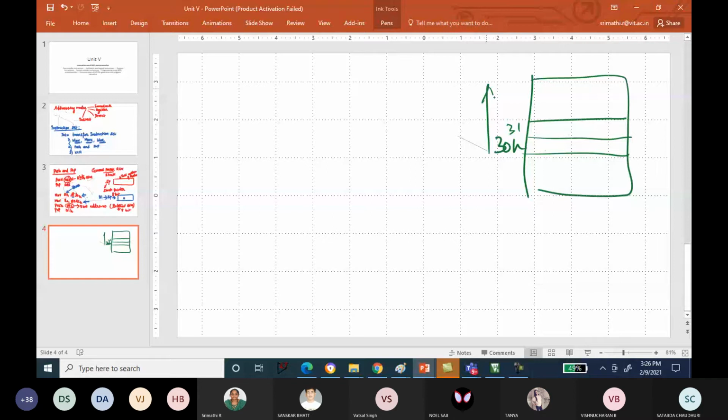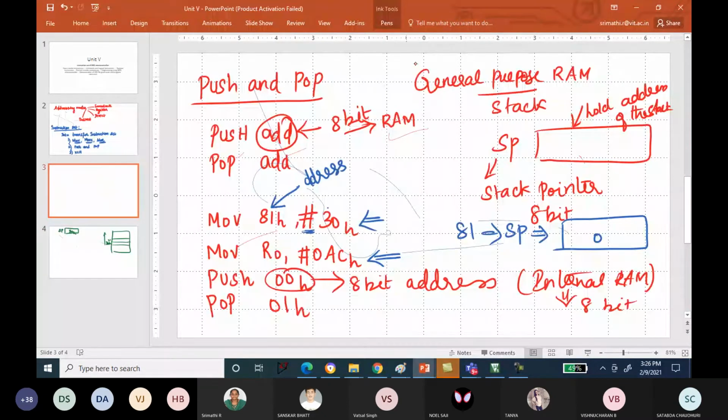Now, after this, what is the next instruction? MOV R0, #0ACH. What is R0 in your RAM? It is address 00, nothing but default register bank 0.